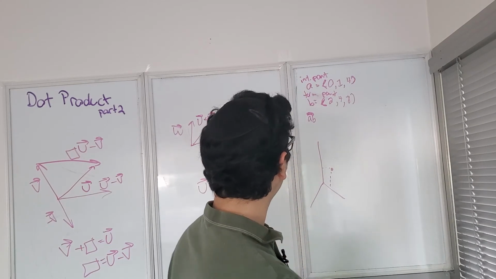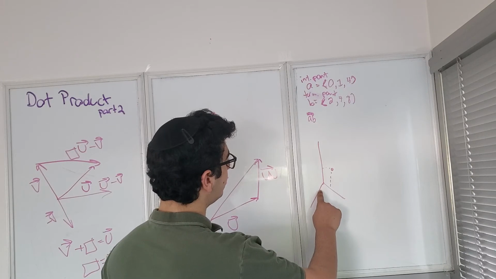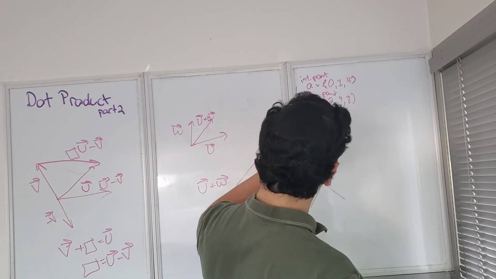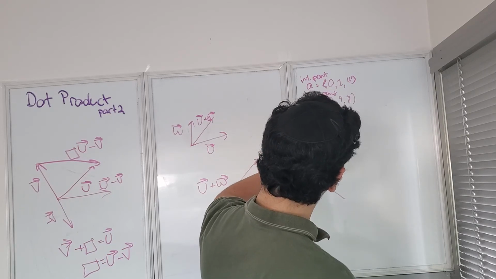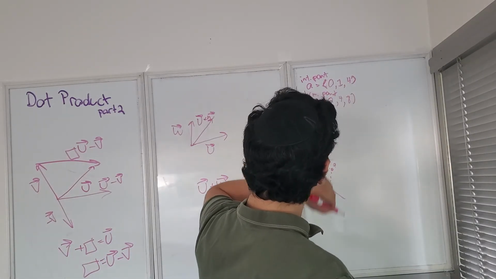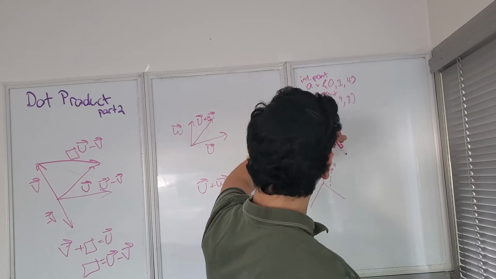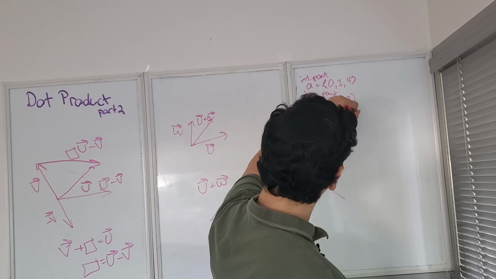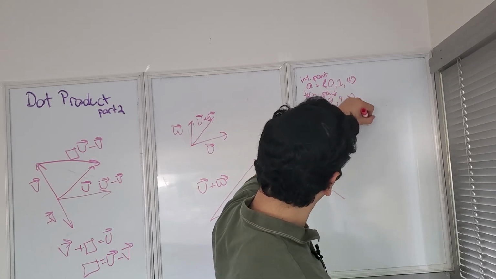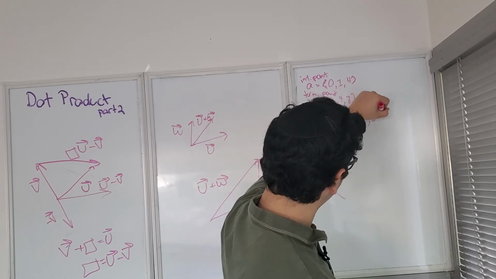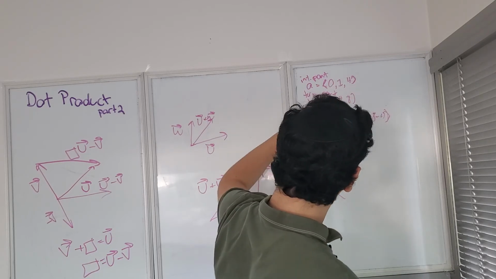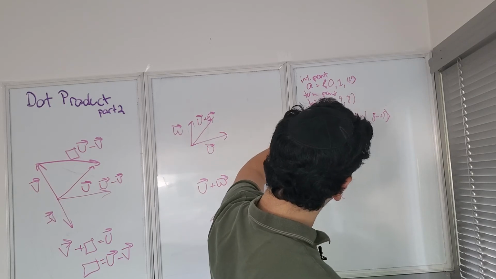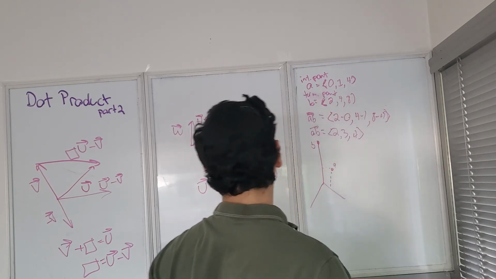Then the vector AB would be all of the B components minus all of the corresponding A components. So I do 2 minus 0, then 4 minus 1, and then 8 minus 4. And I get this nice vector AB, which is 2, 3, 4.